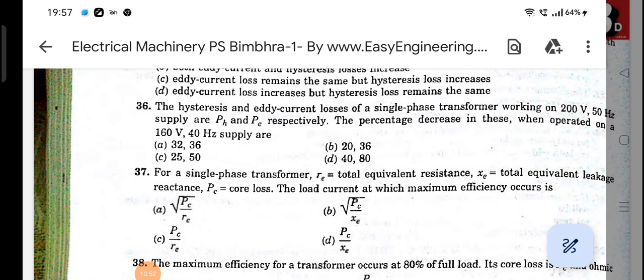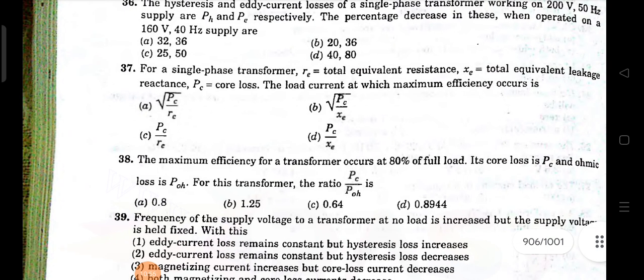Next, the maximum efficiency of a transformer occurs at 80% of full load. Its core loss is P suffix C and ohmic loss is P suffix OH. For the transformer, the ratio of PC by POH is dash.